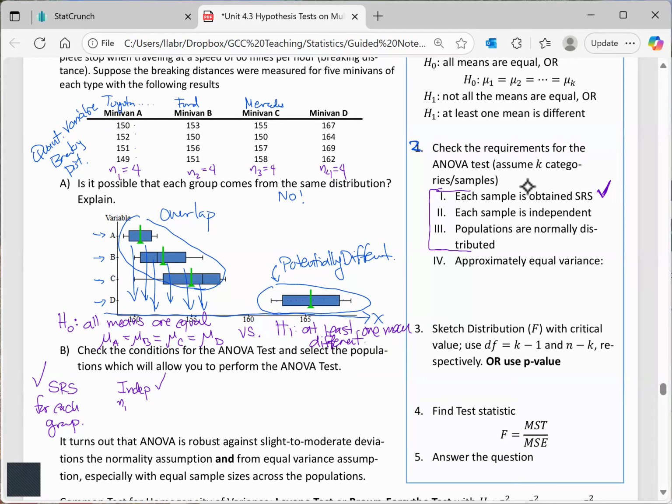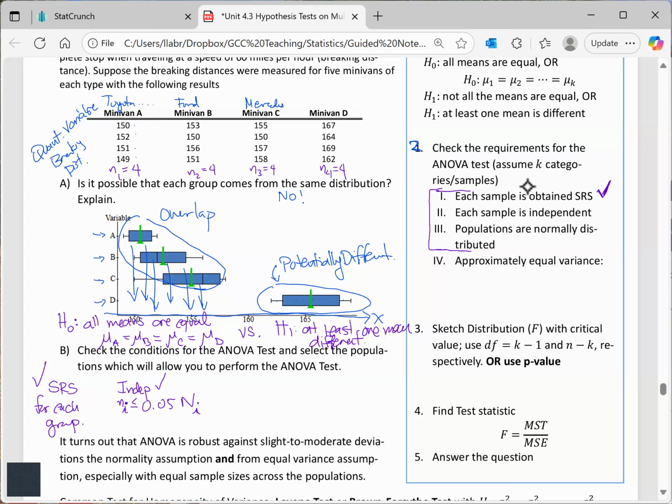The way that we verified that was that the sample size is small relative to the population, so it's less than 5% of population 1. However many minivans there are from group 1, we have less than 5%. And that's safe to assume for every group. So I'm going to write it as n_i is less than 0.05 of big N_i: sample size i is less than 5% of the population i. So 2 is met.